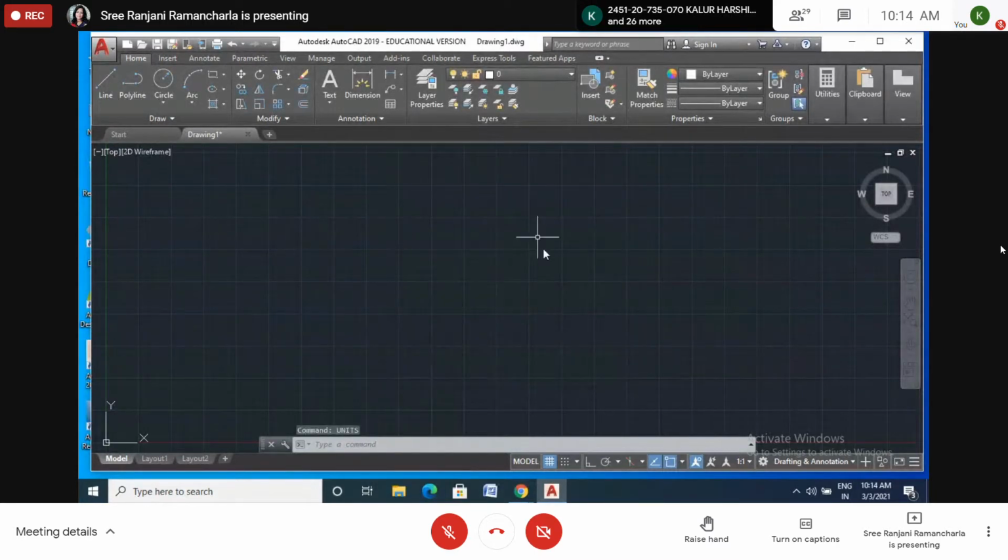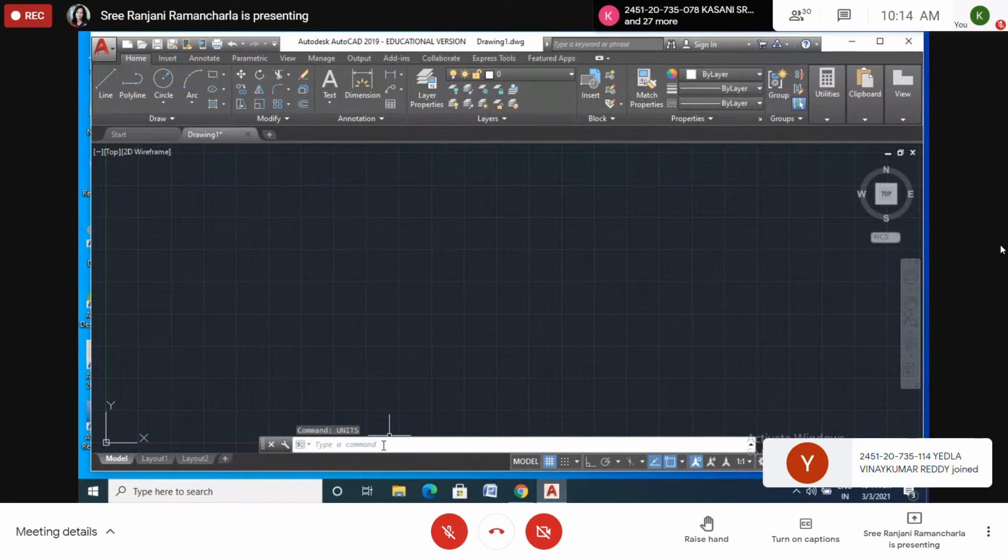Okay. Now we'll go to the limits. Limits means how much sheet we want for a drawing. When we are going to draw, how much sheet do we want? We are sitting at one place, so we cannot take a big sheet like a 1 by 1 meter sheet. We require only an A4 sheet.